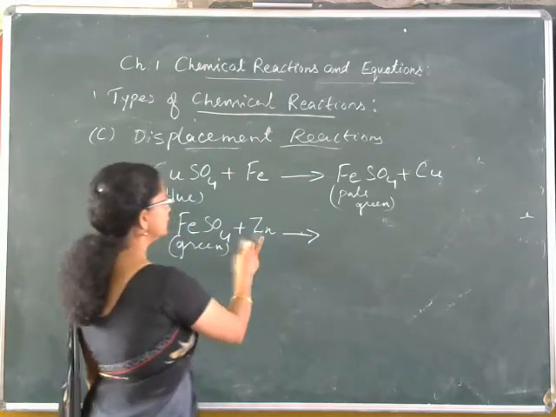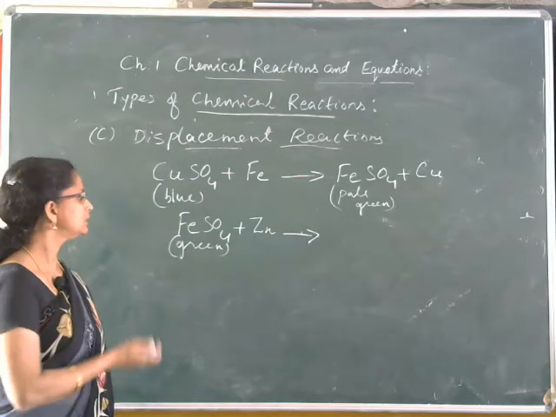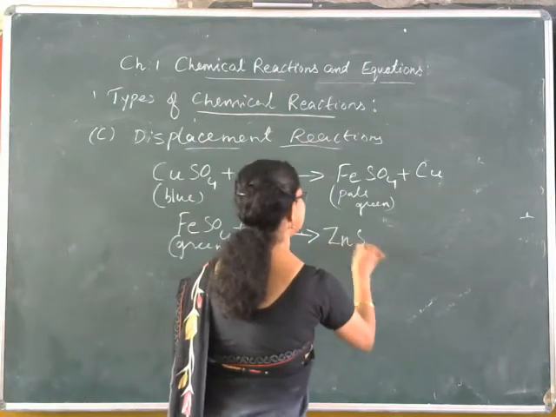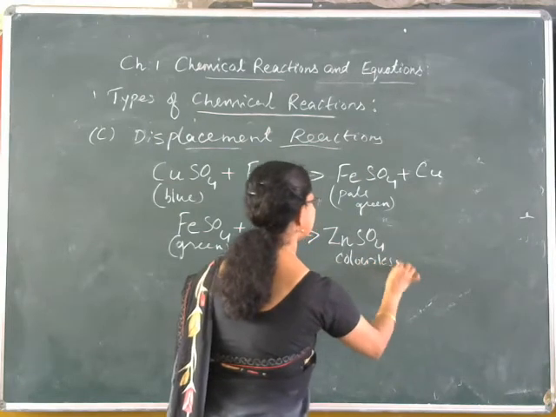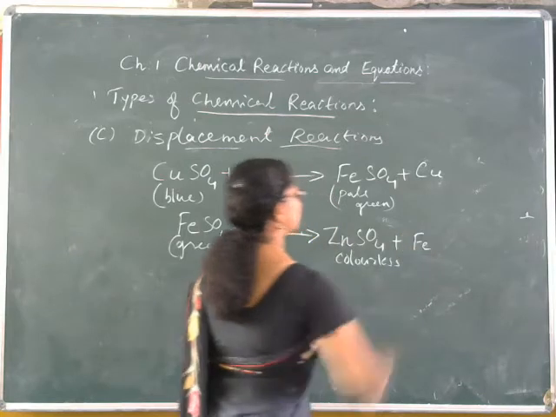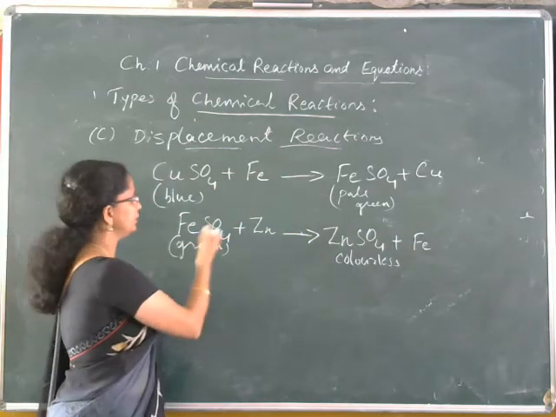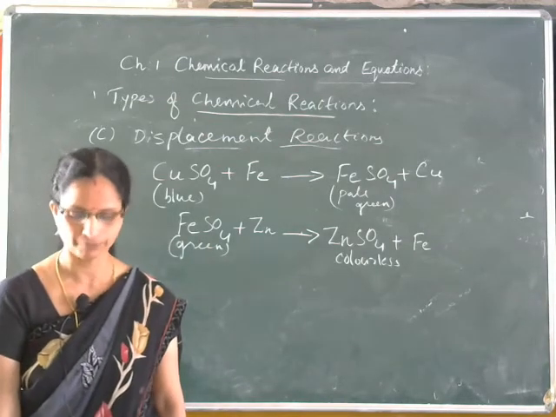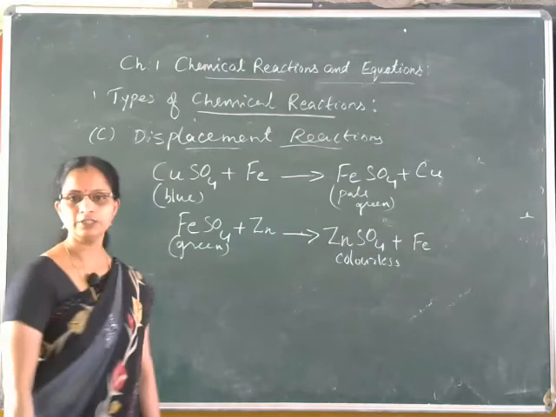That is because zinc is more reactive than Fe, so zinc displaces Fe from the solution and the substance formed is zinc sulfate, that is colorless. And also iron gets deposited. So here we can see a highly reactive metal displaces a low reactive metal from its salt solution. Such reactions are known as displacement reactions.